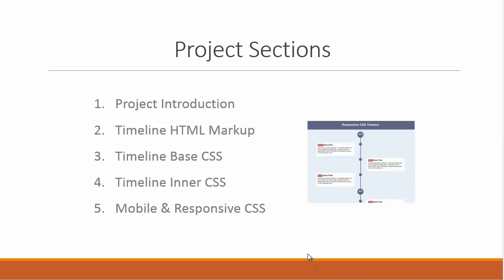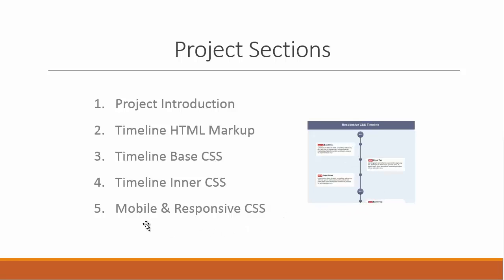Alright, so as far as the sections, we have the introduction, we have the timeline HTML markup, the base CSS, which will be, for instance, the body, the header, things like that, and then the timeline inner CSS, where we'll style the background images, the event blocks, and so forth.